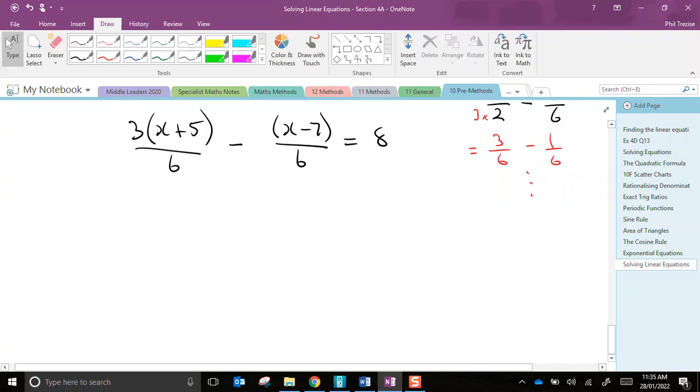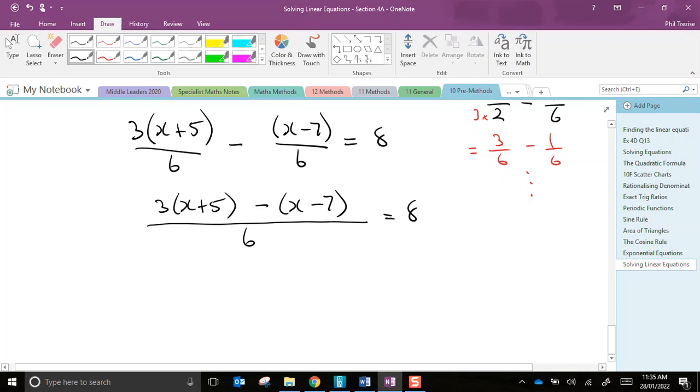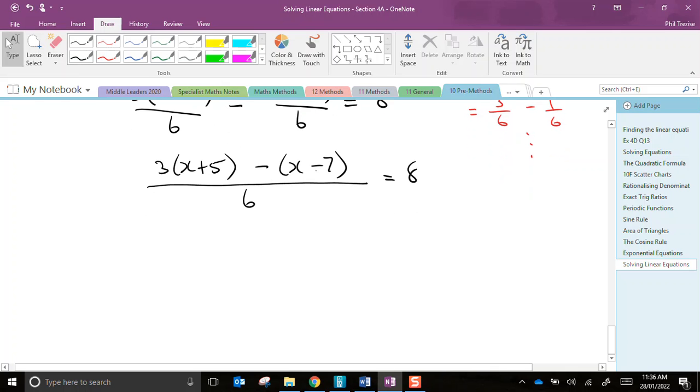Now that I have a common denominator, I can write one vinculum line with the 6, and I'll write 3 outside x plus 5 minus brackets x take 7. These brackets are actually crucial now because that subtraction sign has to apply to both the x and the negative 7. As we've seen before, it is the divide by 6 that we have to deal with first. So 3 times x plus 5 minus x take 7 equals 6 times 8.